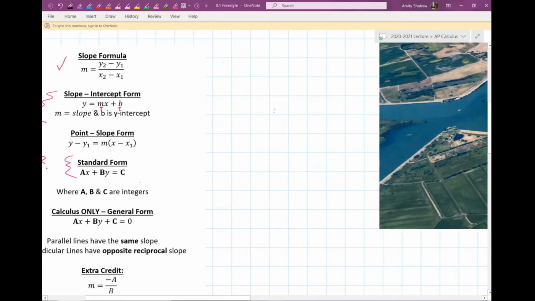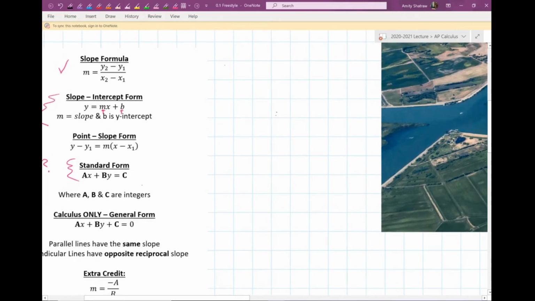In fact, let me pose to you a question that you might have had on a test: what is the slope of 3x minus 2y equals, I don't know, why not 11? You'd be like, I don't really remember what I had to do here. Let me remind you.